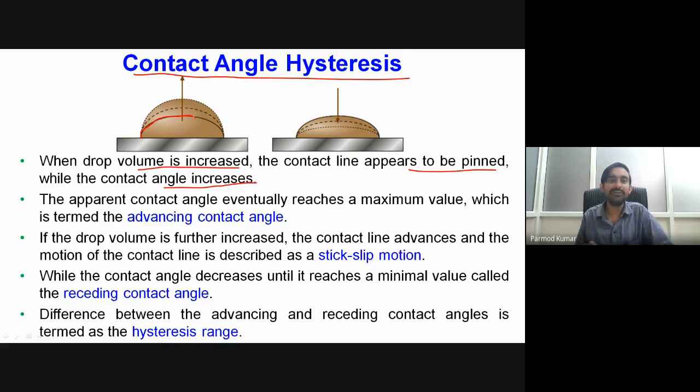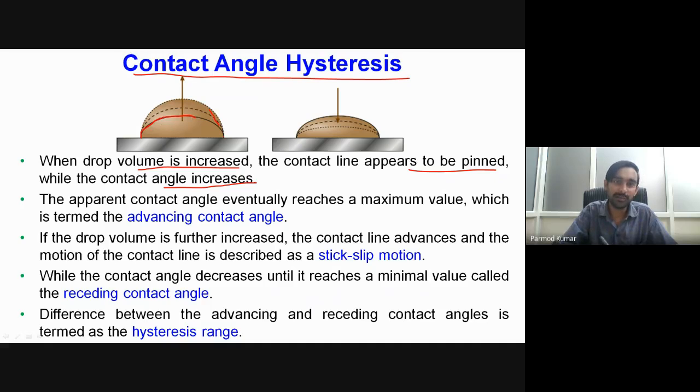Now we have increased its volume. When we increase the volume, the drop does not increase its horizontal span. Rather, its contact line remains stuck to the surface and its shape changes. And when we further increase the volume, its shape changes further.